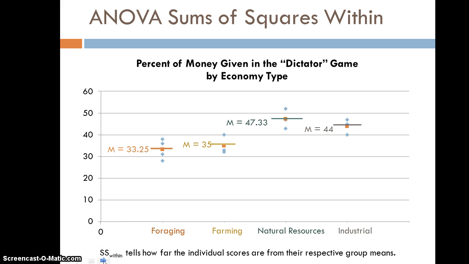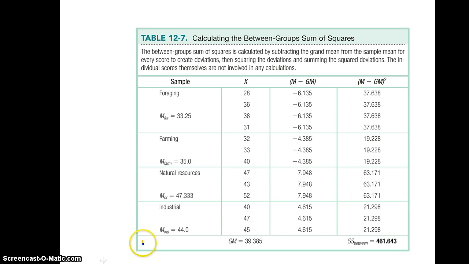So the sums of squares within tells us how far the individual scores are from their respective group means. Now we want to calculate the sums of squares between.